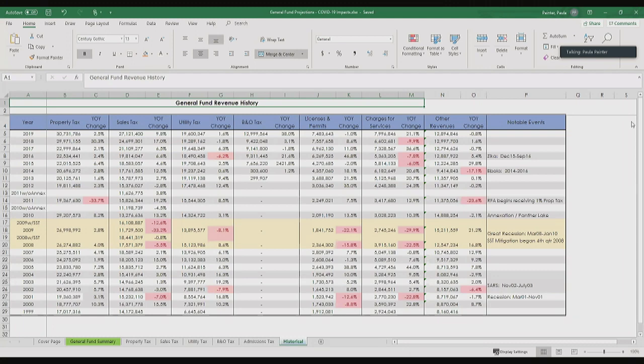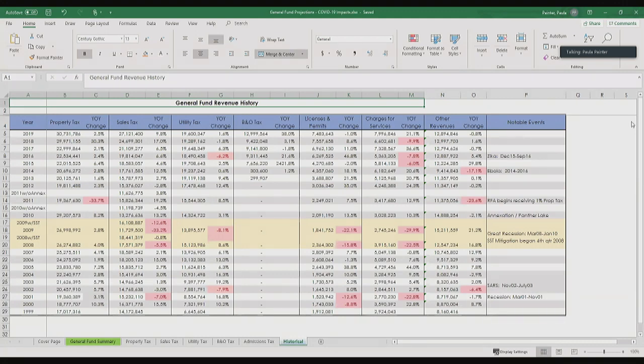I had to do a little work with that area because at the time we were faced with a variety of things happening at once: streamlined sales tax, annexation, Panther Lake, and the RFA being created. So we had a lot of different things going on.